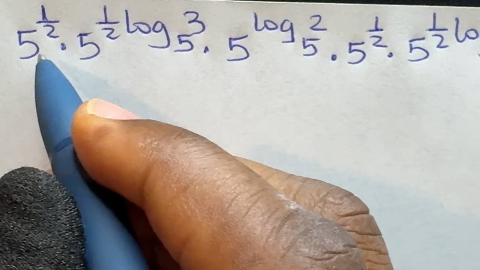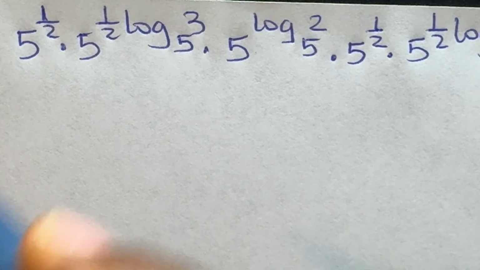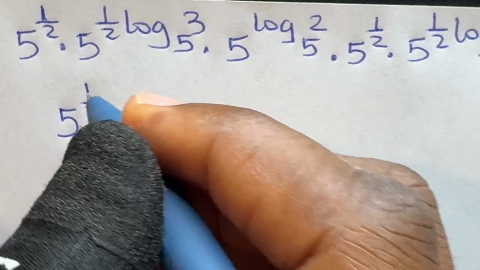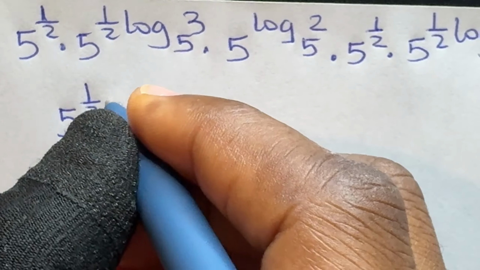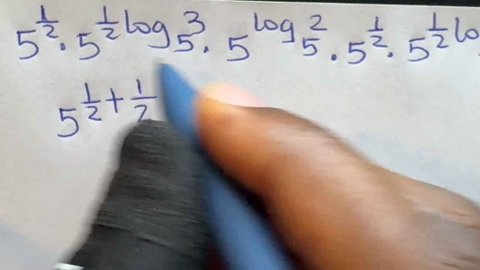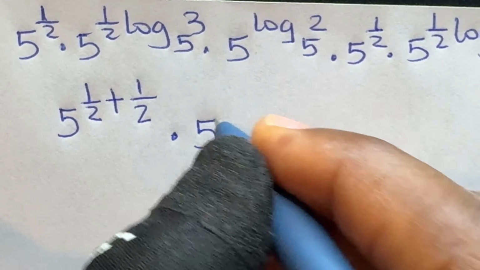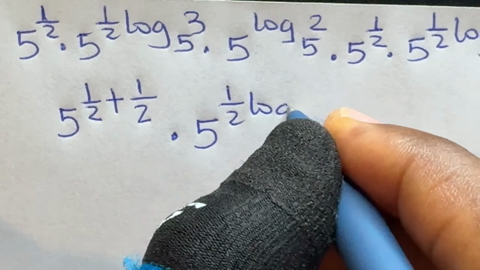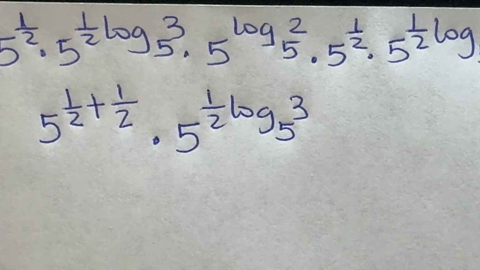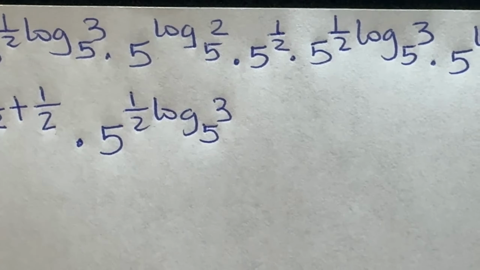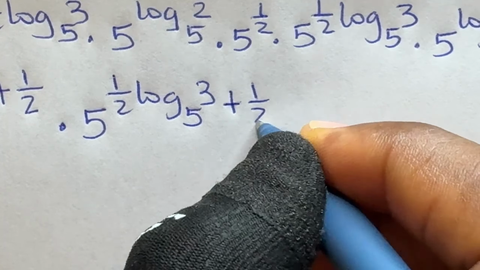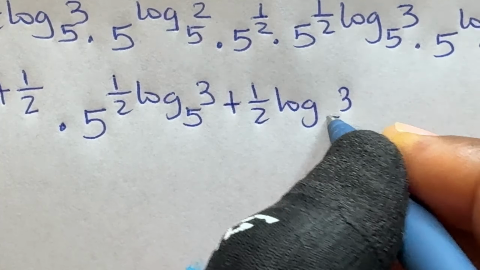So we have 5 raised to power 1 over 2 here and 5 raised to power 1 over 2 here. If I bring them together, this is 5 raised to power 1 over 2. I can say raised to power 2, or I can just add their powers this way. Then times, the same thing applies to this. So I have 5 raised to power 1 over 2 log 3 base 5 plus 1 over 2 log 3 base 5.